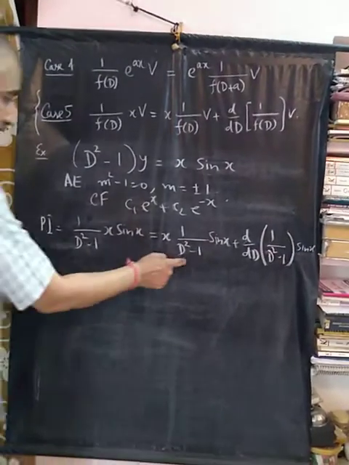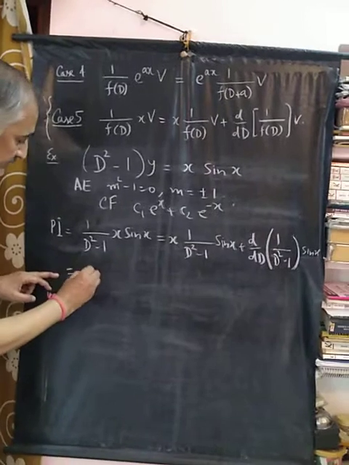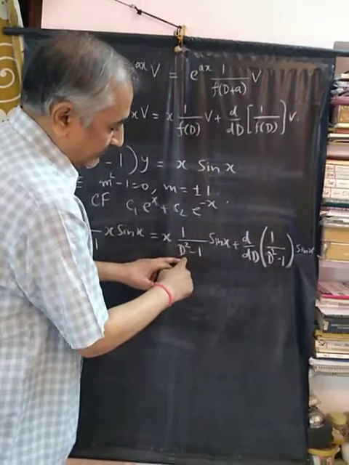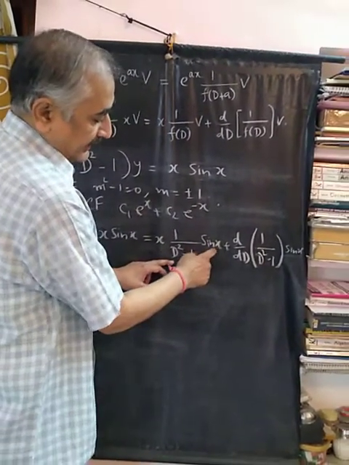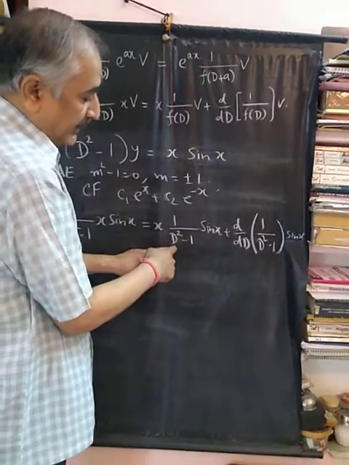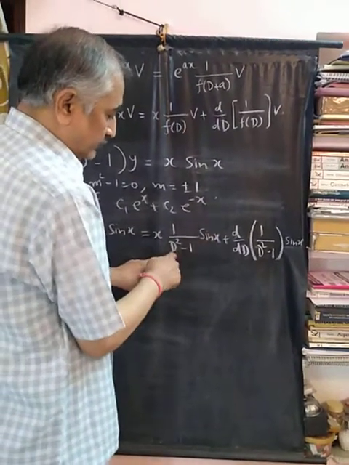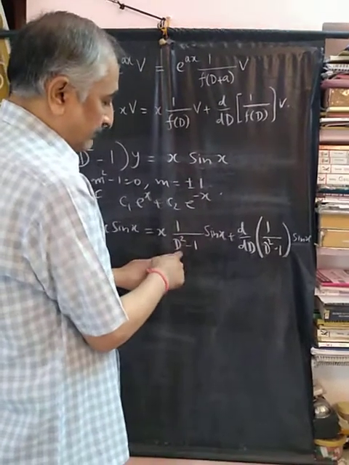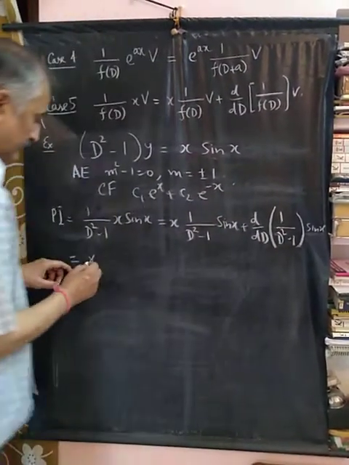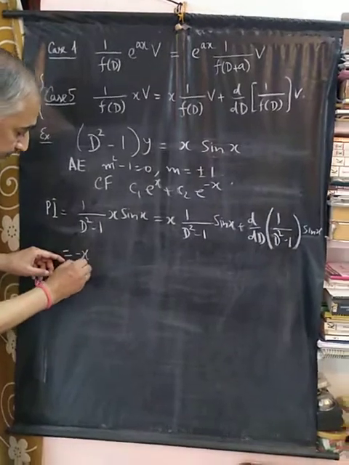So the first term is x times 1 upon D square minus 1 on sin x. Here a is 1. I replace D square by minus a square. So D square is minus 1. This is 1 upon minus 1 minus 1, which is minus 2. So this is minus x by 2 sin x.